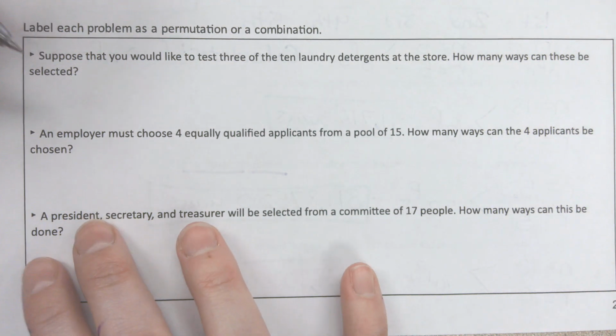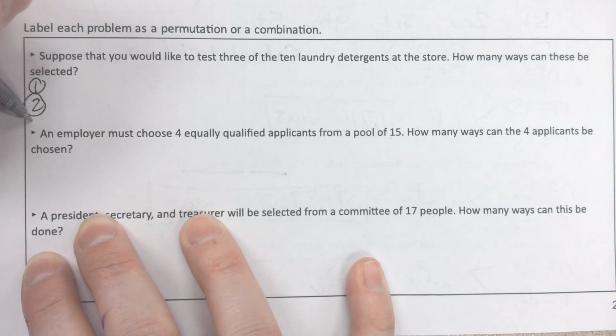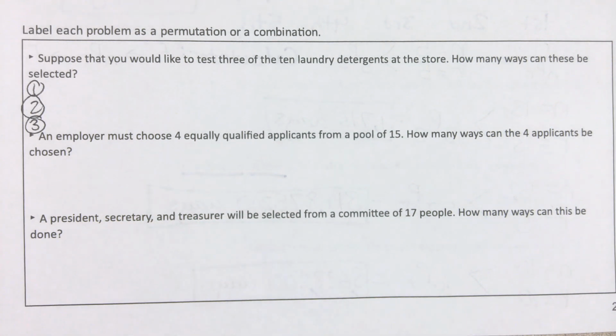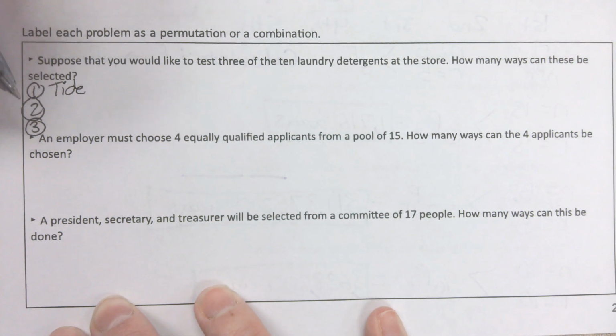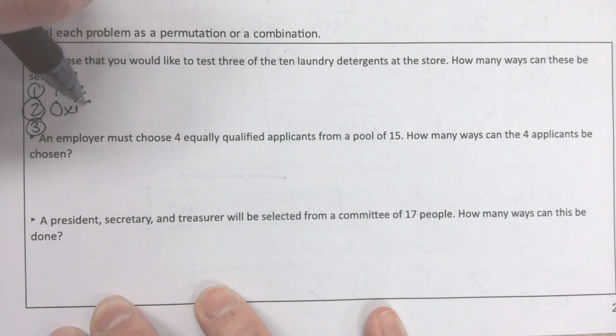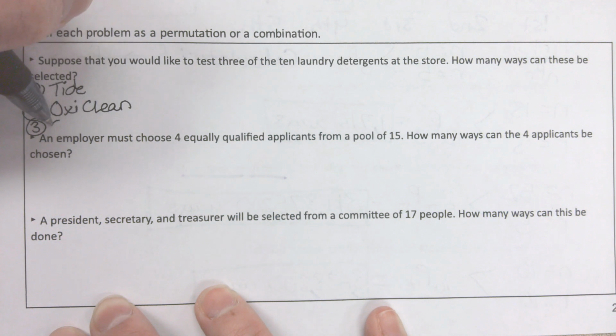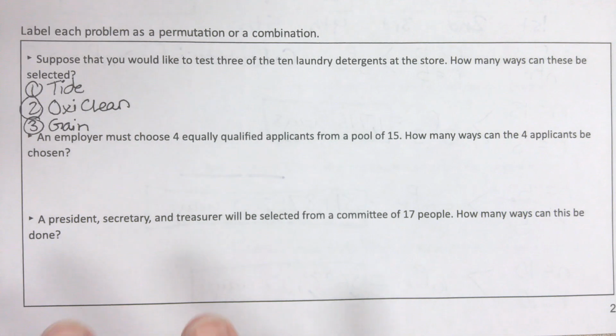So 3 laundry detergents, we can probably come up with 3. I go to the store, I pick out 3 laundry detergents. Tide comes to mind, so let's pick up a thing of Tide. Let's pick up a thing of OxyClean. And then I personally like to use Gain, so I'm going to put that down. Say I pick these 3. Now again, the question is, does order matter?